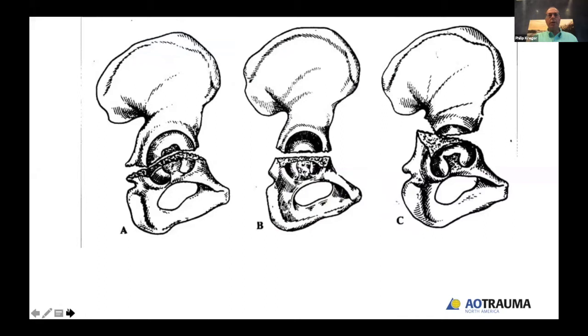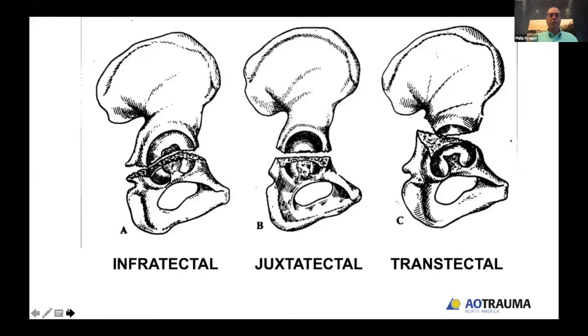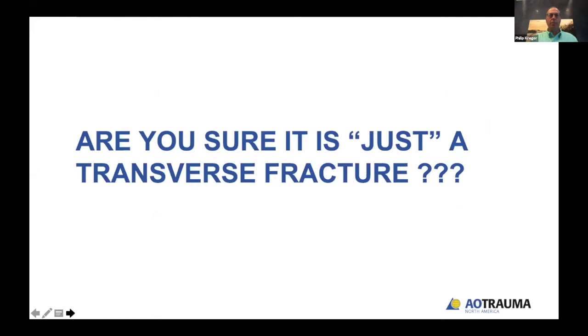Because we really further subcategorize the transverse fracture into an infratectal or below the top of the cotyloid fossa, a juxtatectal or right at the top of the cotyloid fossa, and a transtectal or right through the articular roof of the acetabulum.